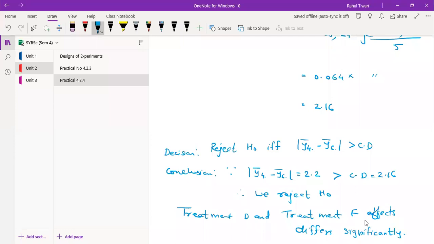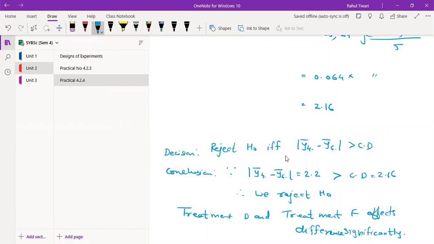So once you say it is reject H0, that means there is a significant difference between the effects. D4 significant.